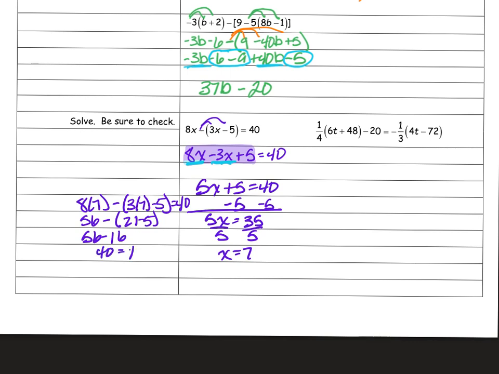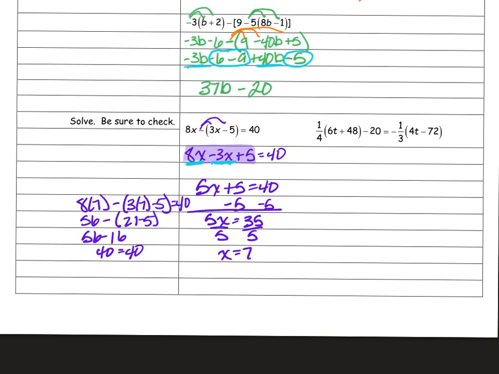And does 40 equal 40? Yep, it equals each other. So if you check your work and plug your answer back into the original equation, and it's true, then you got the right answer. If you plug it in and it's not true, then you did something wrong when you were trying to solve it. So it's just a nice, quick, easy way to make sure you get it right.